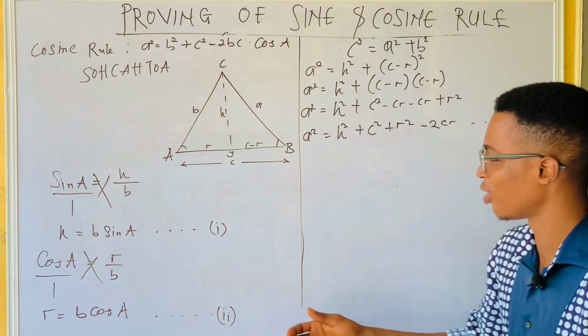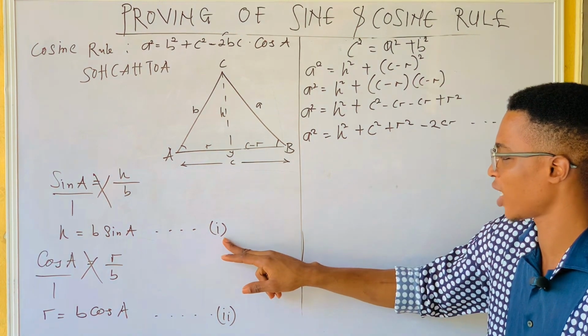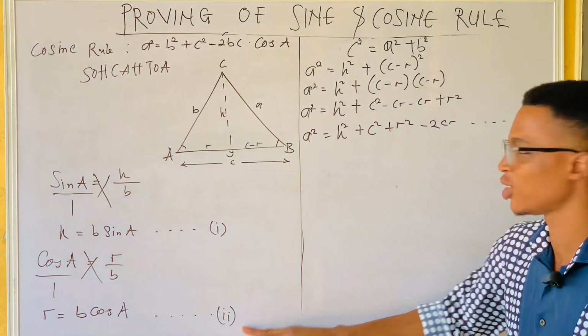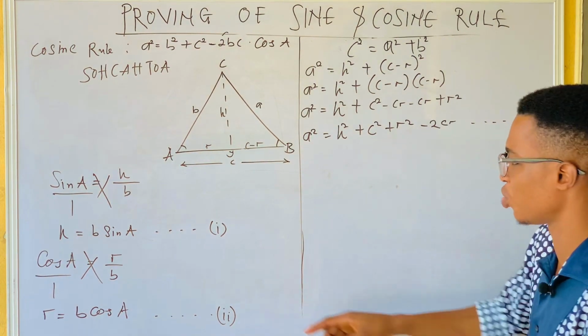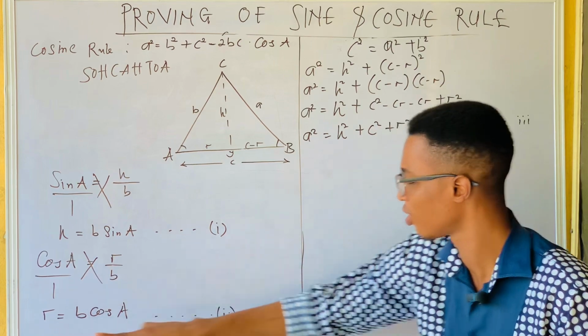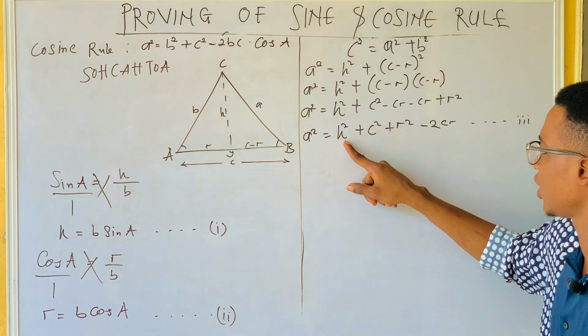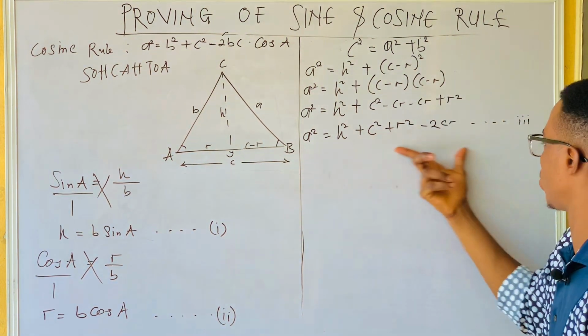What we need to do now is to substitute equations 1 and 2 into equation 3. That is, we know the value of our h and r. We substitute the values of h and r in equation 3.